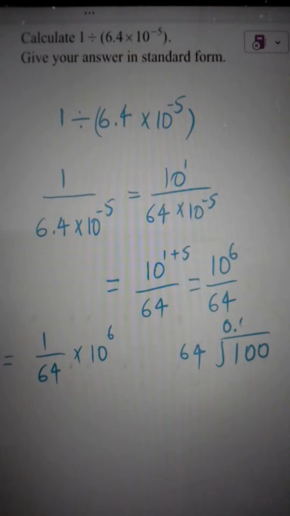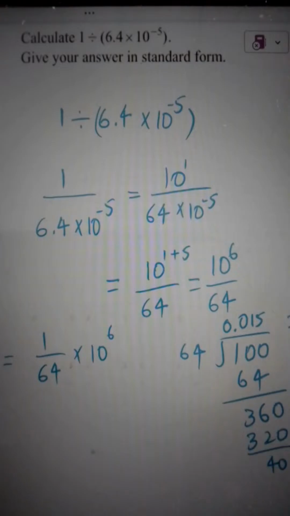Another 0, we put 0 here again. 64 multiplied by 5 is 320. 5 multiplied by 4 is 20, 0, 2 carry 6, 5 sixes are 30, 32. 320. 40 will be left.